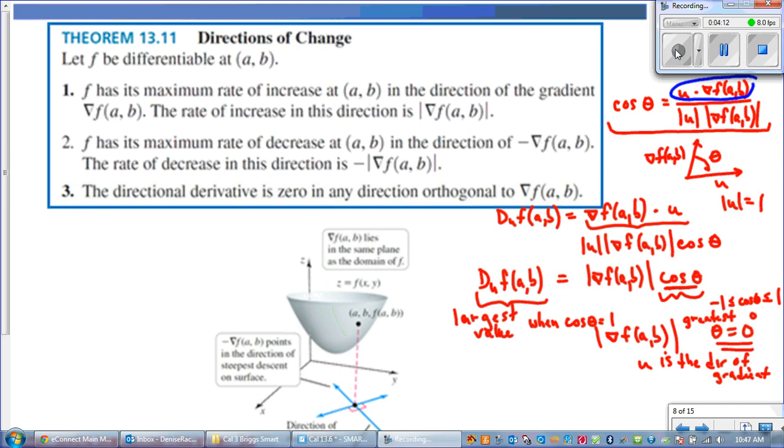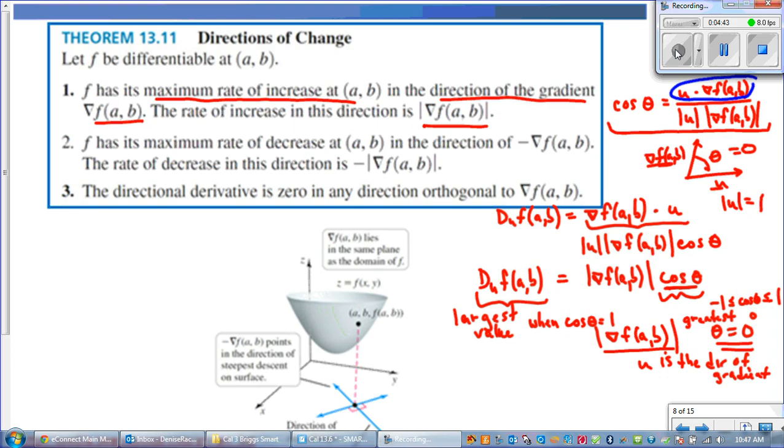The magnitude of the gradient gives us the greatest possible directional derivative, and that occurs when the direction we move in, the u, is the same as the gradient. The angle between them would be 0. So f has its maximum rate of increase in the direction of the gradient. So that rate of increase will actually be just the magnitude of the gradient at (a, b).